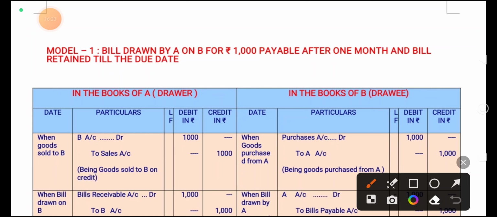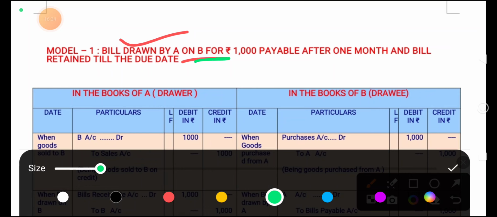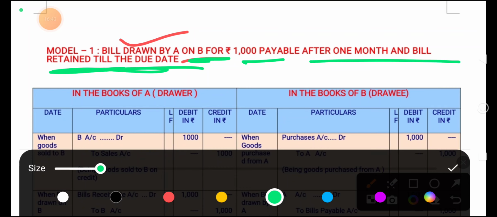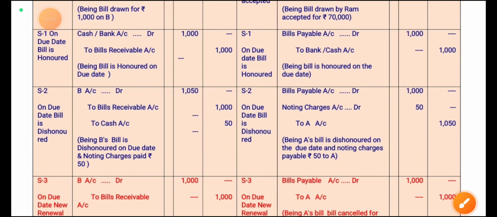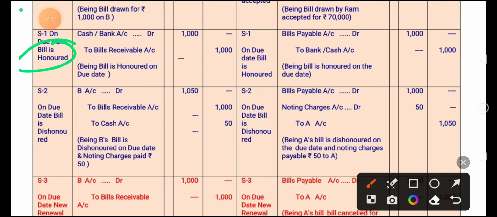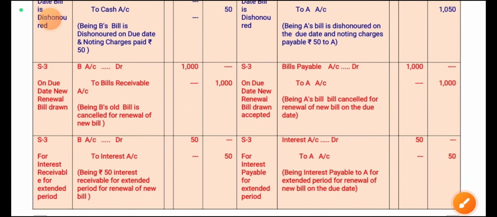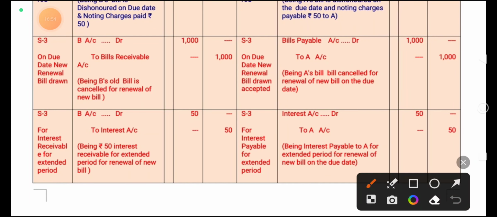What is model 1? A bill is drawn by A on B, for rupees 1000 payable after 1 month, and it is retained till the due date. On the due date, we have seen in situation 1 it is honored, and in situation 2 it is dishonored, and in situation 3, renewal.